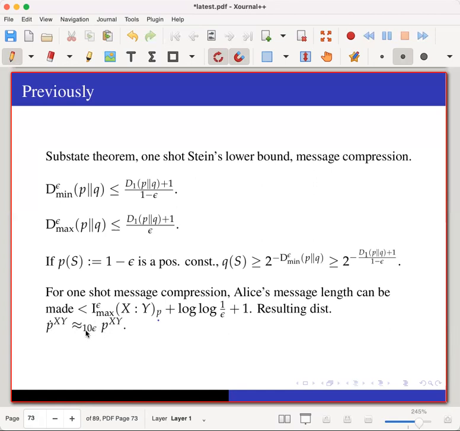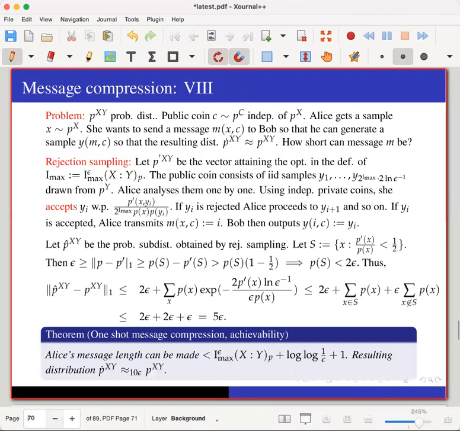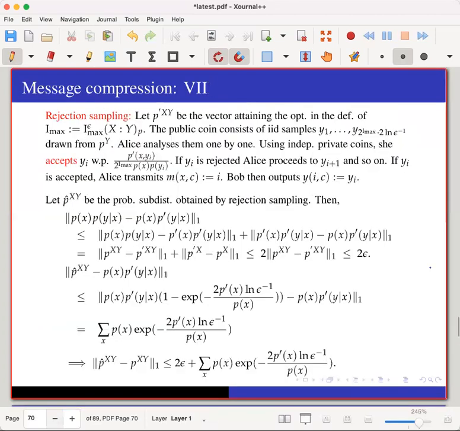So this P dot was the distribution created by the protocol. Okay, I see, which is different from P prime. Let me remind you, P prime is the vector attaining the optimum in the definition of Imax epsilon.